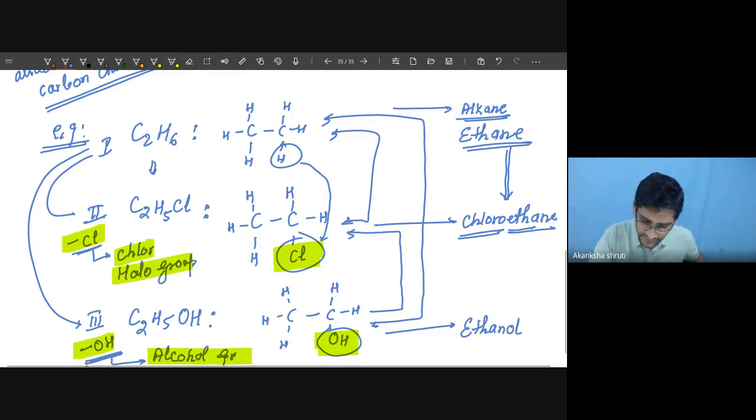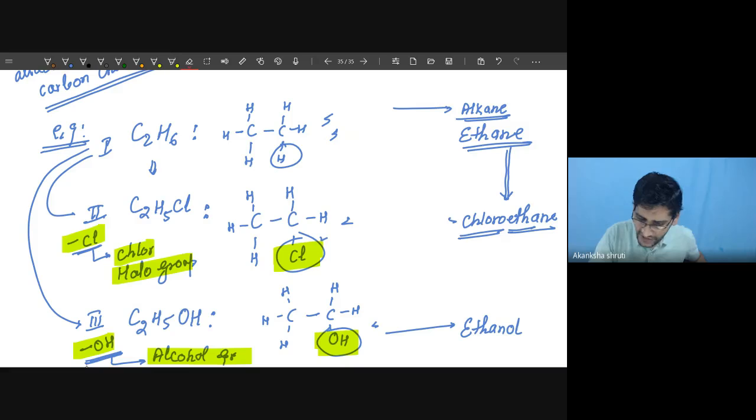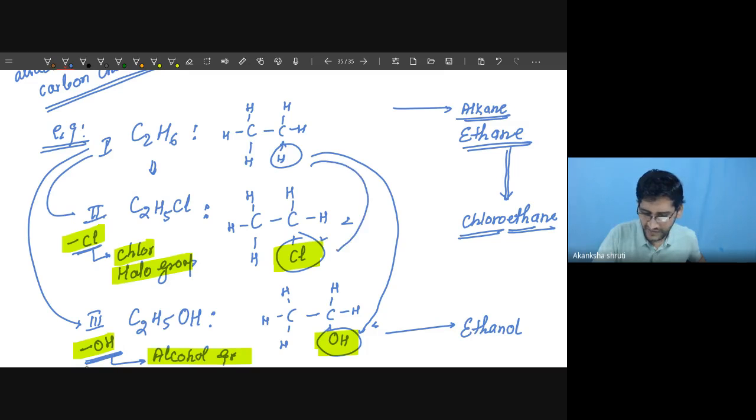This ethane gets converted into an alcohol group if we replace one of these hydrogens by OH minus.